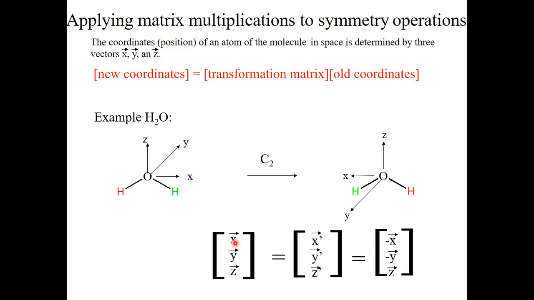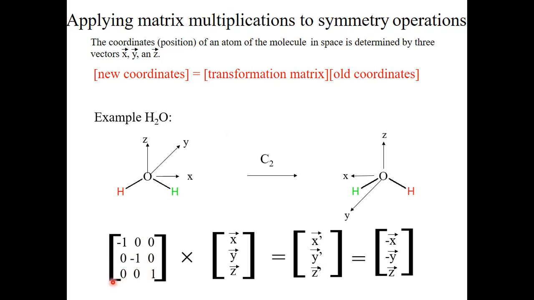So we can find this matrix by considering the multiplication rules of matrices. In this case, the matrix that does the job is of the form -1, 0, 0, 0, -1, 0, 0, 0, 1.